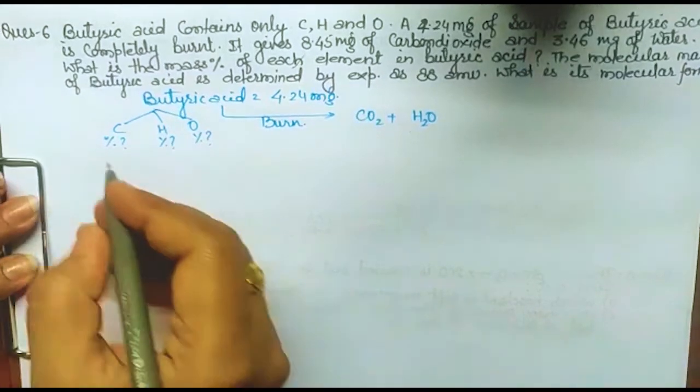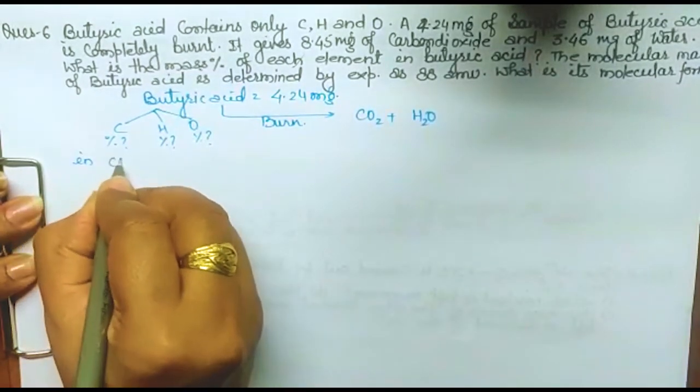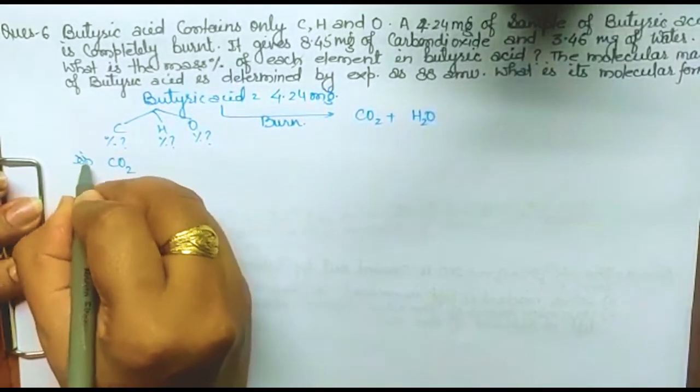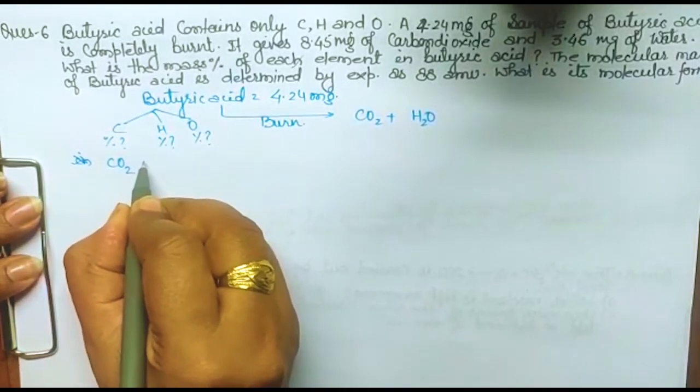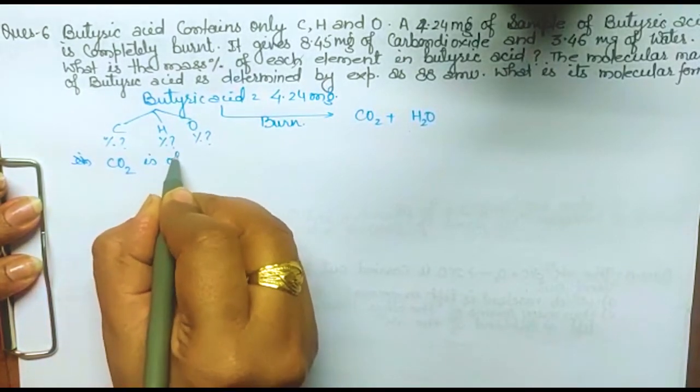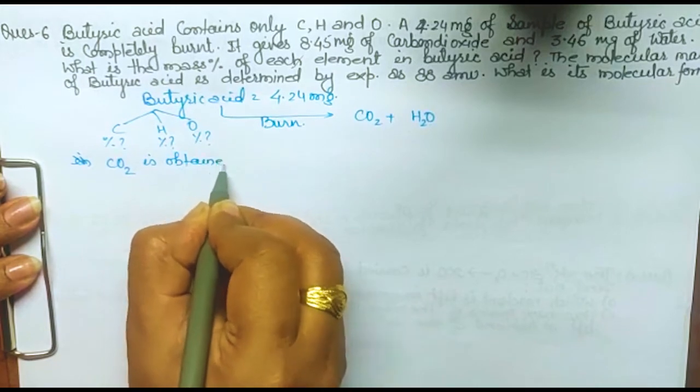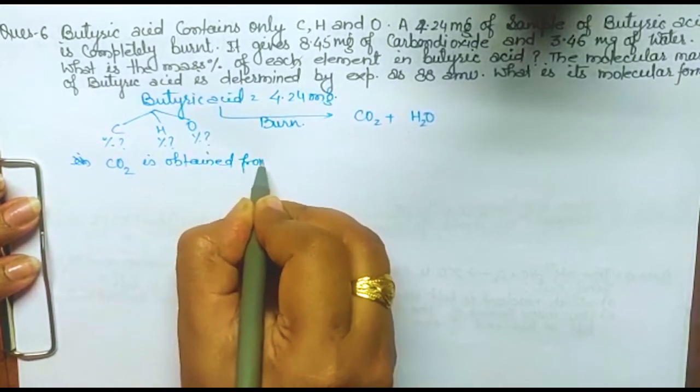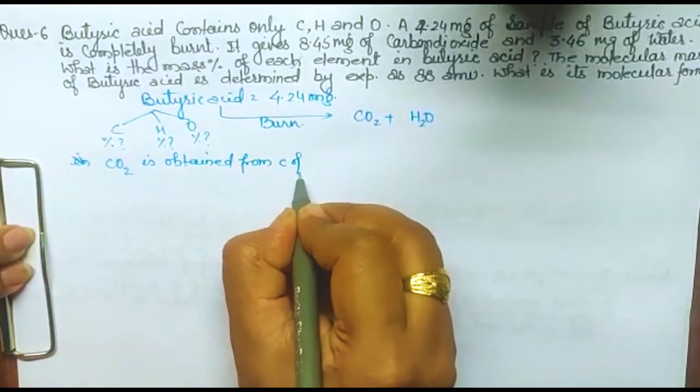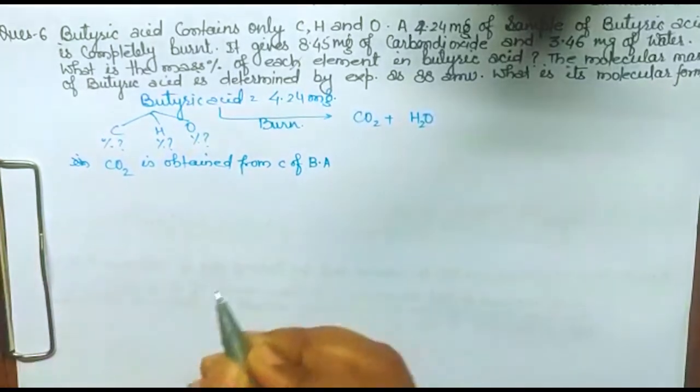Carbon dioxide is obtained from the carbon of butyric acid, isn't it?